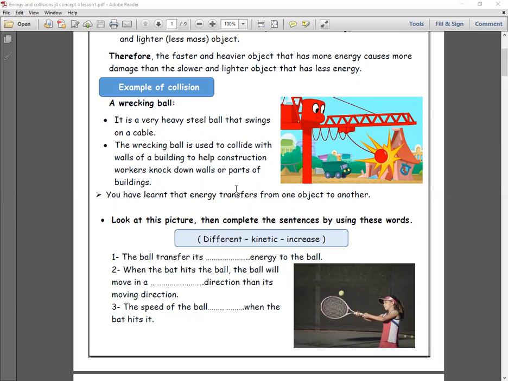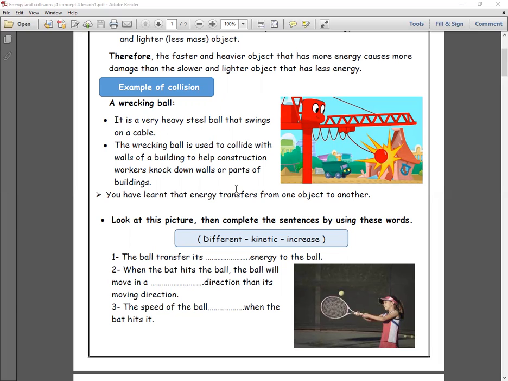So the wrecking ball is a very heavy steel ball that swings on a cable. Number two, the wrecking ball is used to collide with walls of buildings to help construction workers construct or knock down the walls or parts of the buildings. We will find that the energy here also transfers from the wrecking ball to the building or to the object that we need to construct or knock down.